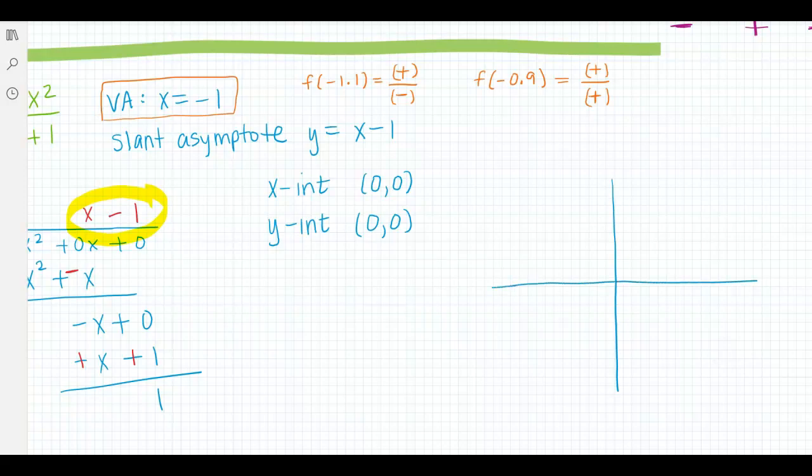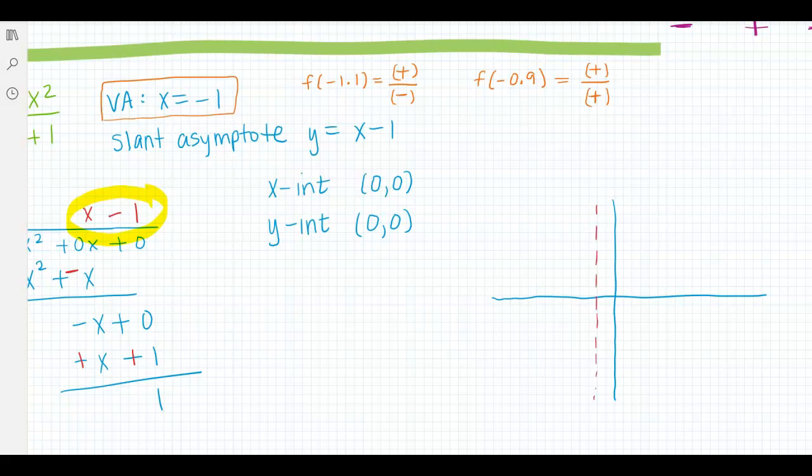My vertical asymptote, my first one is at -1, so let's put that here. I'm not going to be very precise with this graph. Actually, I need to. Let me make this more precise here. Because we have to graph, so -1 is going to be here.